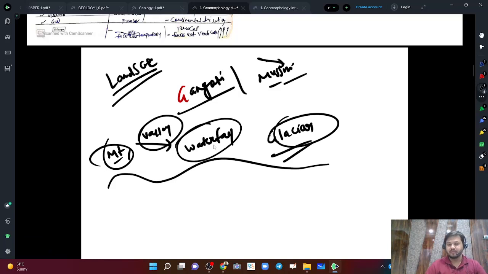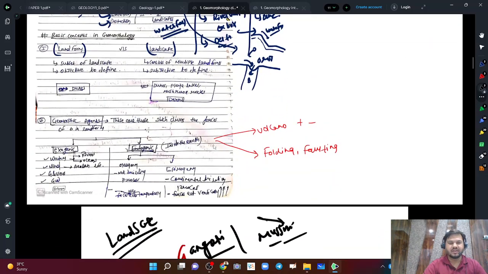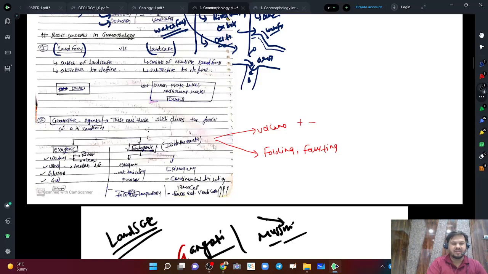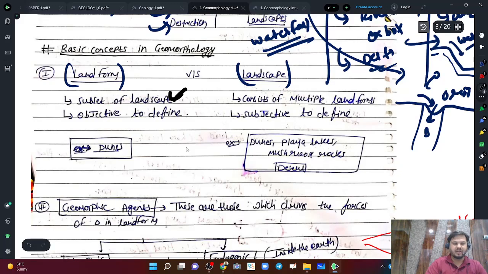It is a broader term, and it is also a subjective term. Landform is an objective term. It is a very specific term. If you are saying some landform, it is specific to a single landform, right? So basically, this is the difference. Landform is basically a subset of landscape, so it is pretty objective.